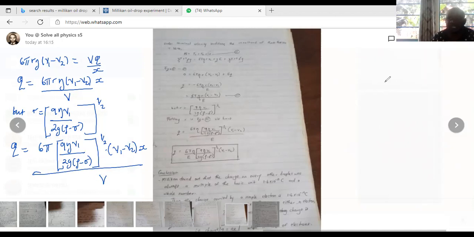If you don't want to use that, you can as well go ahead and say electronic charge can also be attained from 6 pi into brackets 9 eta V1 divided by 2g into rho minus sigma close brackets power half times V1 minus V2, all divided by the electric field intensity.